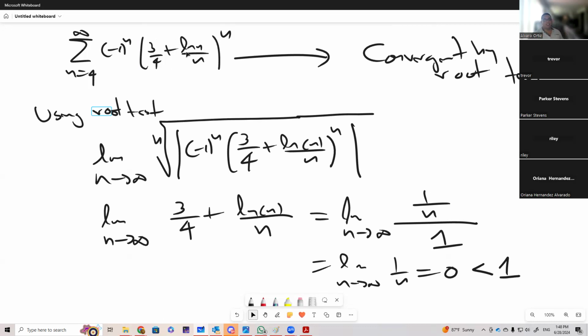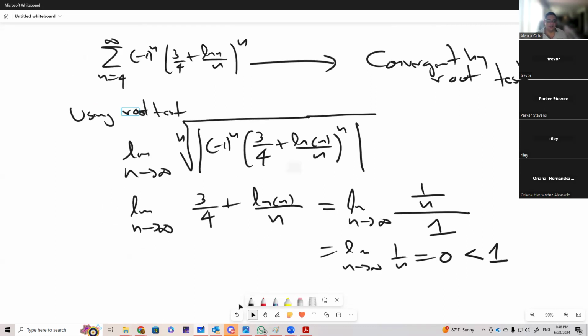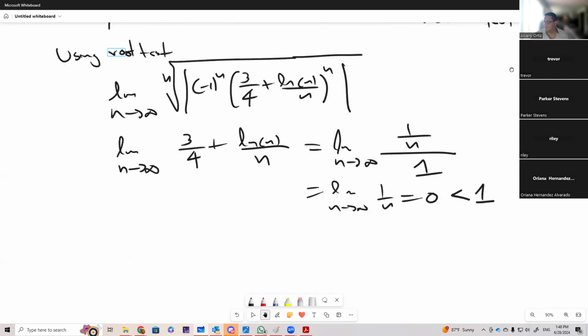I could potentially do even the alternating series test, but it's not that good because it's not only that this is convergent by root test, but I can say that it's absolutely convergent, since this is really going with the absolute value and everything. Well, if I just do the alternating series test, it's just going to give me information about the alternating series. Does that make sense?